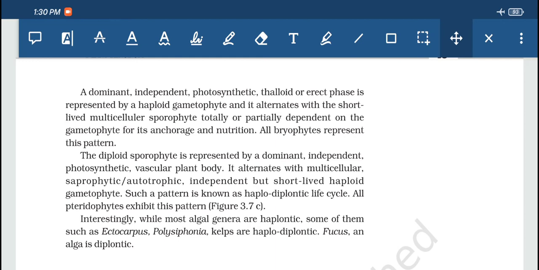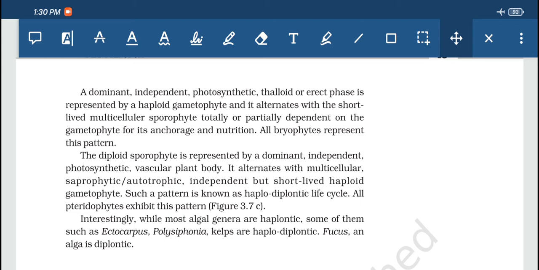That means in bryophytes the very dominant part of life is the gametophytic part. How is the gametophyte? It is dominant, independent, photosynthetic, thalloid, erect, and haploid. Remember, always gametophytic phases are haploid and sporophytic phases are diploid.